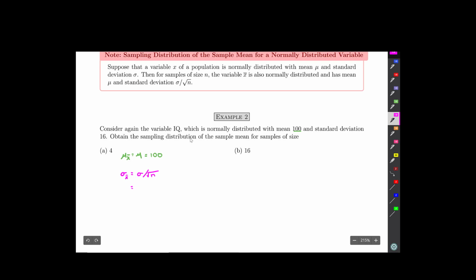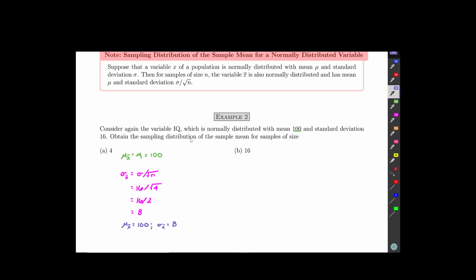So in this case, we have a population standard deviation of 16, a sample size of 4, and that's going to give us 16 over 2, which is equal to 8. So we have a result here that mu sub x bar is equal to 100 and sigma sub x bar is equal to 8.